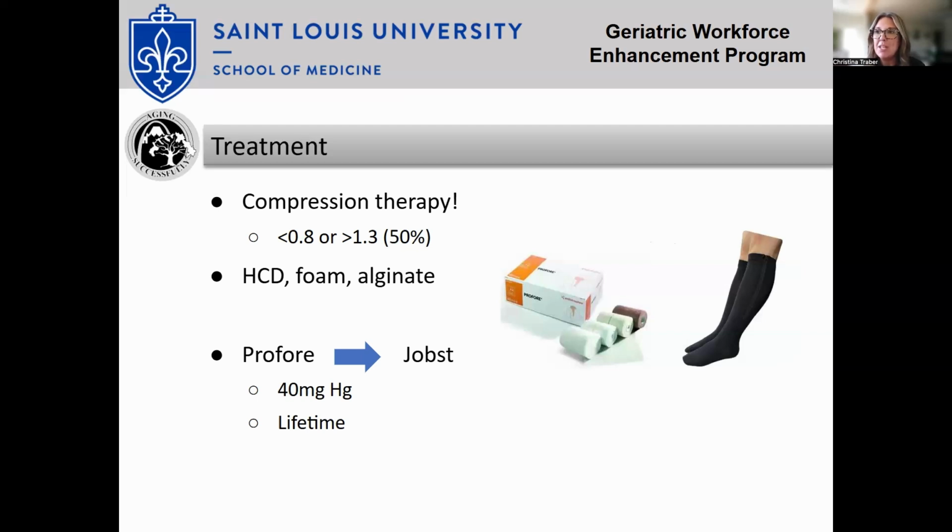We would know that by doing an ankle brachial index or a Doppler test on their legs. Anyone who has an ABI less than 0.8 or more than 1.3, about half of them are not going to be able to tolerate compression. Or maybe they would tolerate a little bit lower compression. So it's kind of trial and error in some instances.